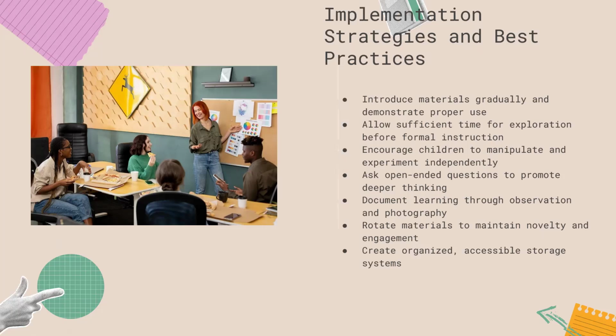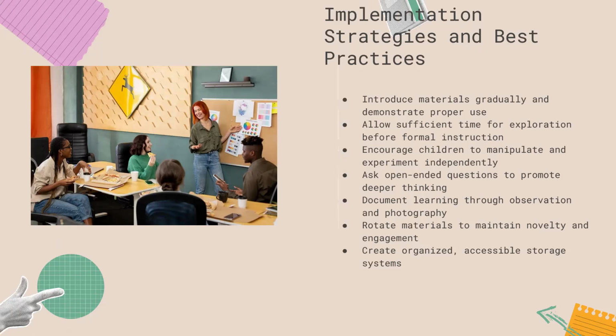And as a student works with the materials, teachers should encourage experimentation and independent thinking instead of immediately providing the correct answer. Open-ended conversations, remember, can also help students explain their reasoning, justify their ideas, and develop higher order thinking skills. And let me tell you that observation is another important strategy.